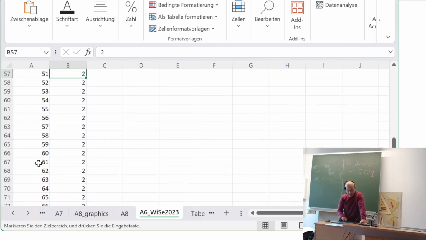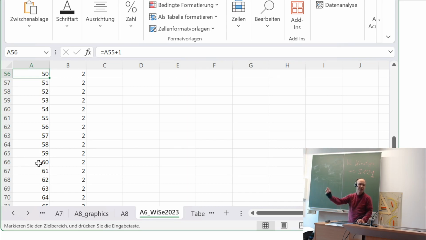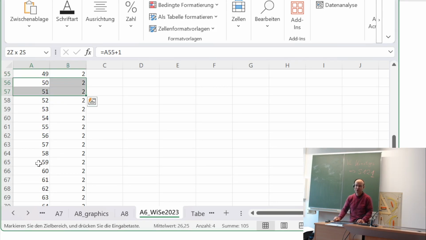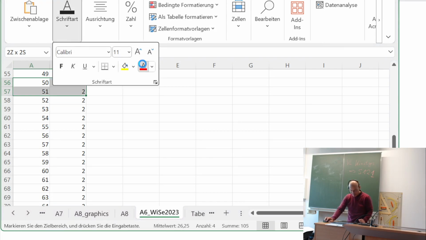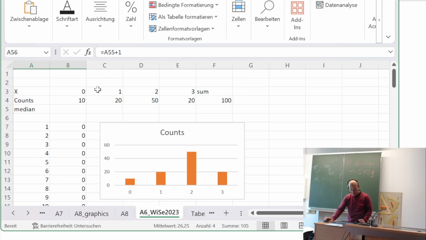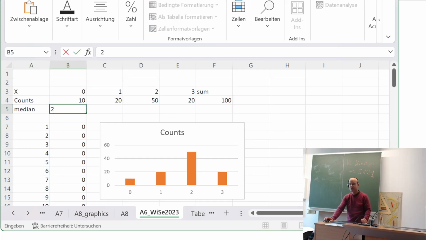What we are looking for is the number 50 and 51 and taking the arithmetic mean. But the 50th largest and the 51st largest are the same number. And therefore, of course, we obtain just 2 for the median, and don't mix it up with the number of counts. So the median is just 2.